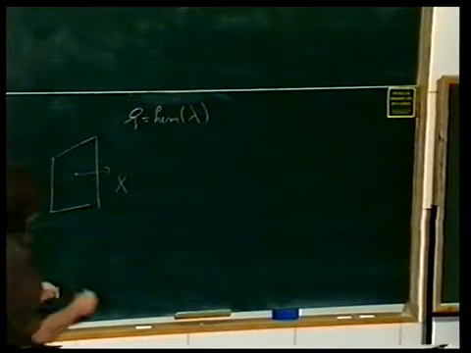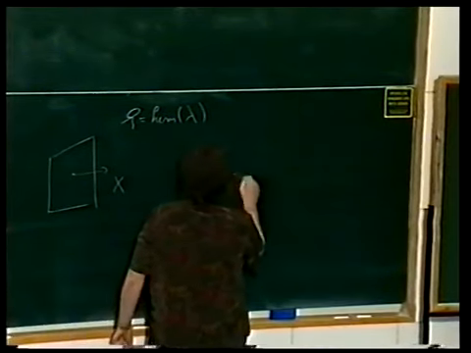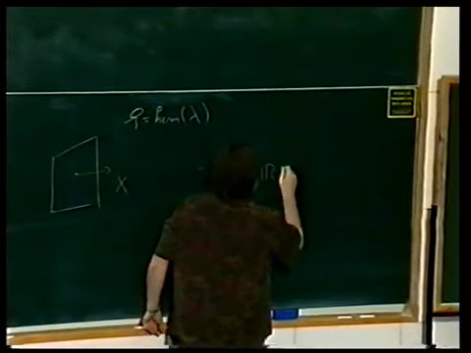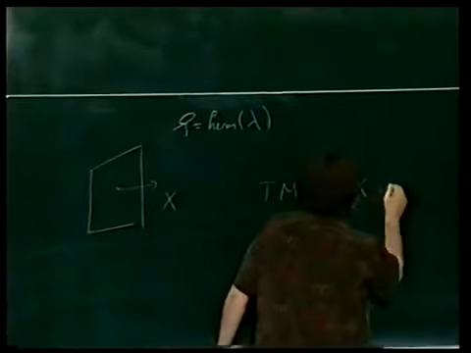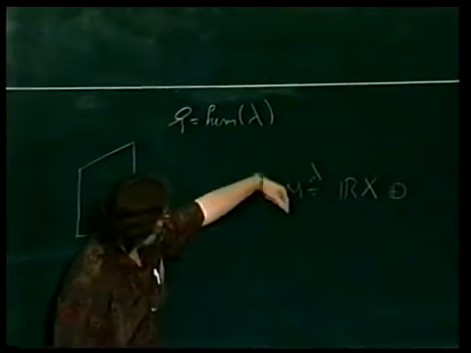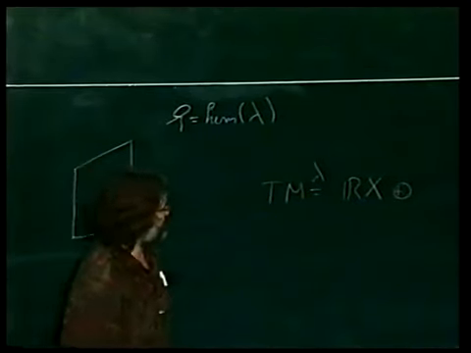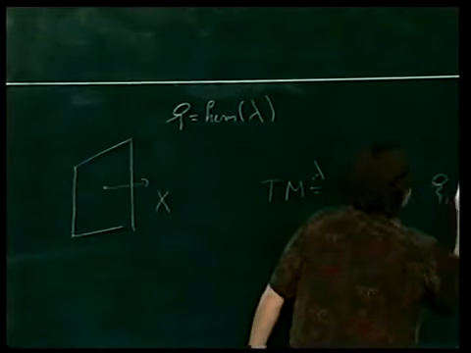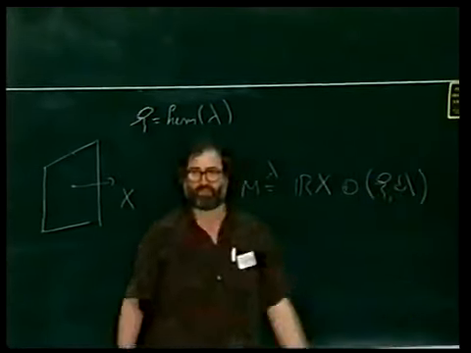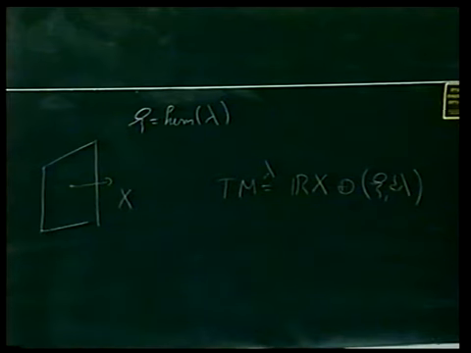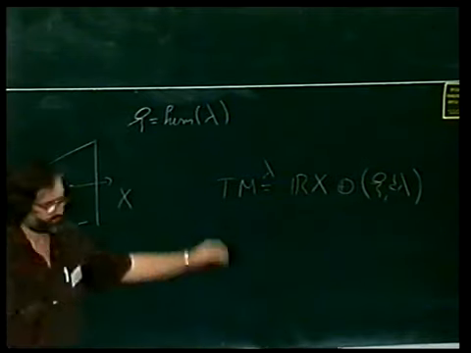And given such a form lambda, I get a natural decomposition of the tangent space by the line generated by the vector field plus the contact structure with the restriction of d lambda. So that's a symplectic vector bundle. That is what you have in the system. So it's more than an arbitrary system. You have a little bit more structure here.